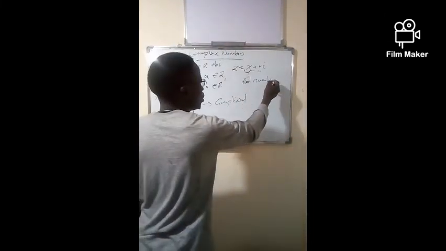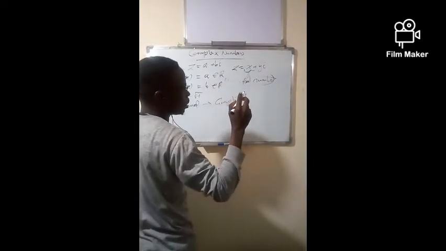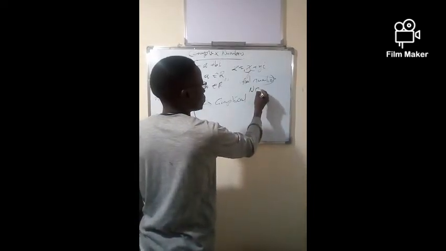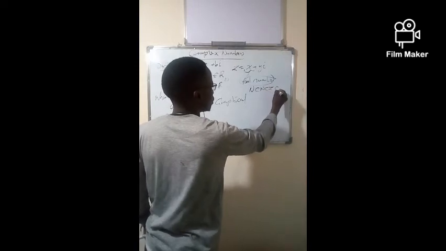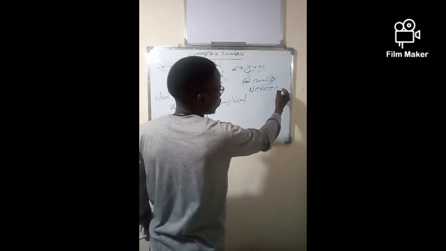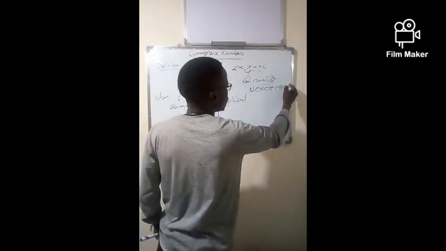If you remember all the sets of numbers, natural numbers are a subset of whole numbers, which are a subset of integers, which are a subset of rational numbers, which are a subset of real numbers.